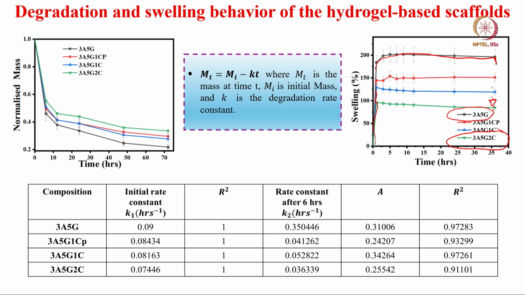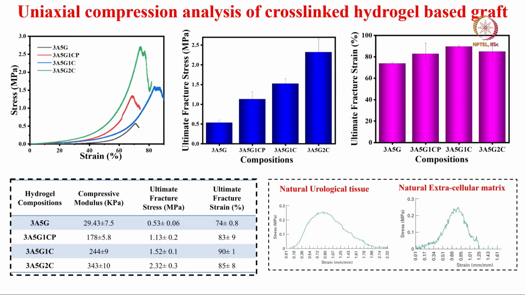And enzymatic degradation, like how this hydrogel scaffold degrades: in 3A5G it degrades quite fast, and within 72 hours, like 3 days, it comes down to 0.4. But 3A5G 2C and 3A5G 1C, the black one you can see, degrade to almost negligible mass, just above 0.2 normalized mass at the end of 3 days, due to enzymatic degradation in the collagenase solution.